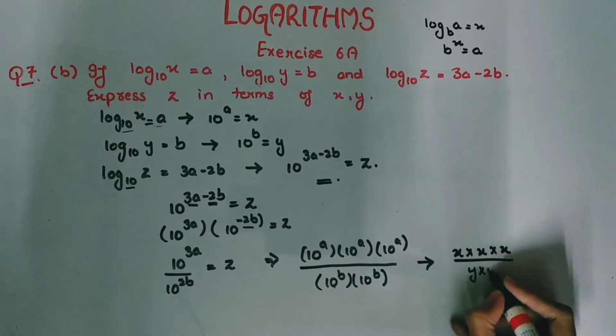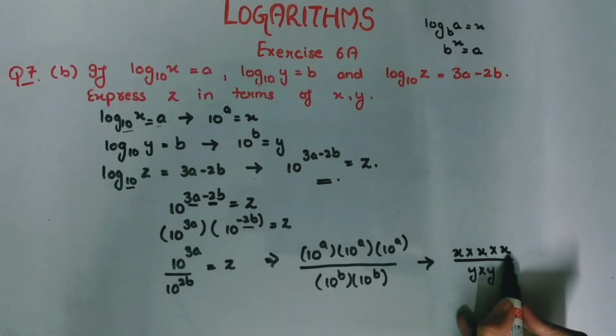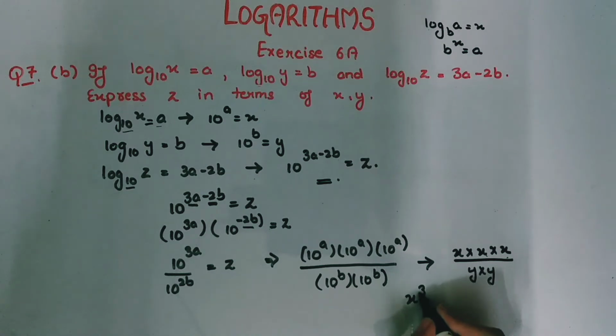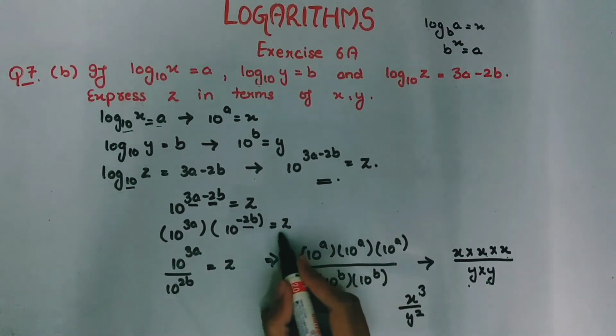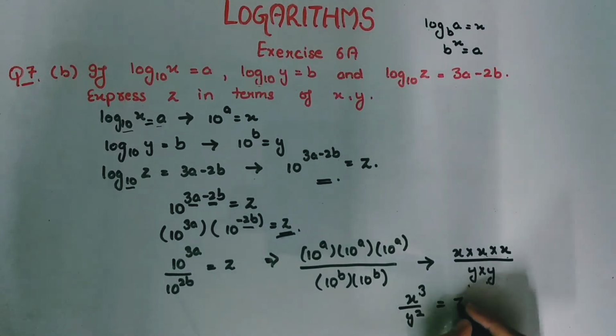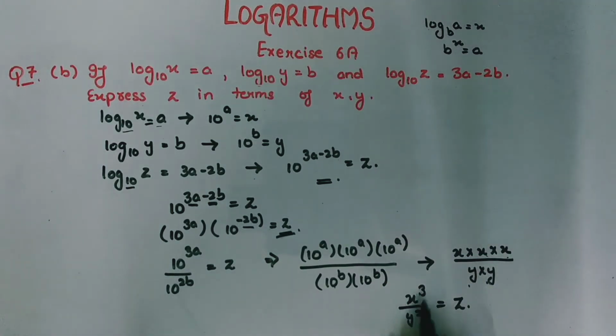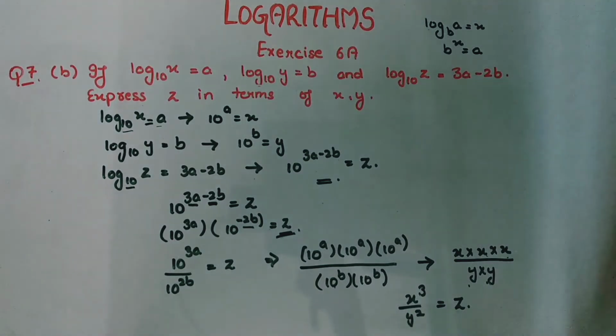That means x multiplied by x multiplied by x is x cube, and y multiplied by y is y square. All this is equal to z. That means z is equal to x cube divided by y square.